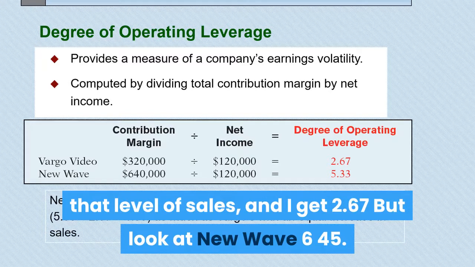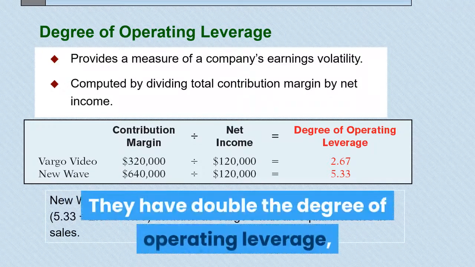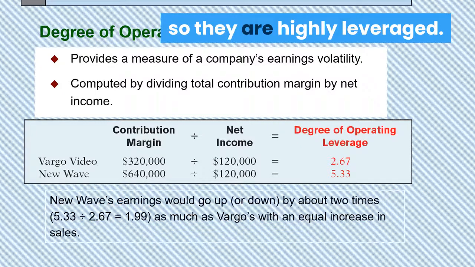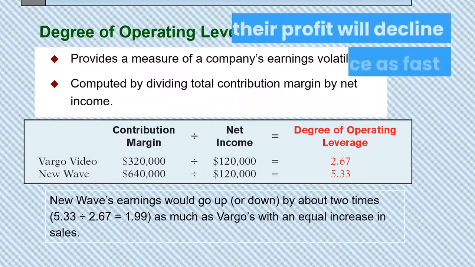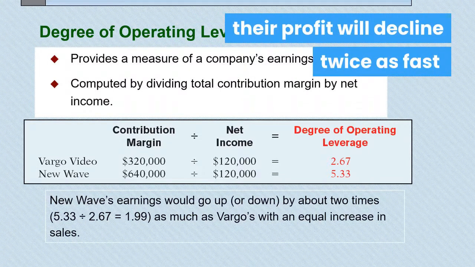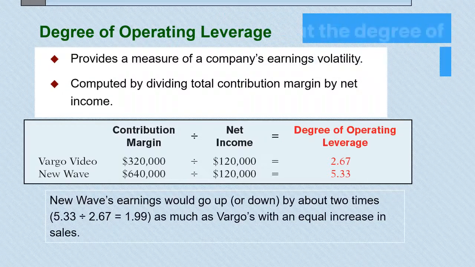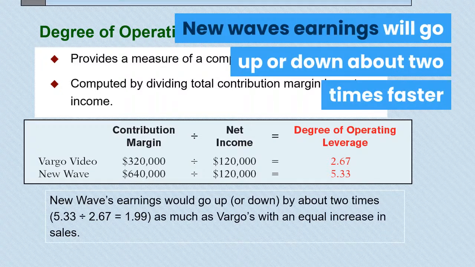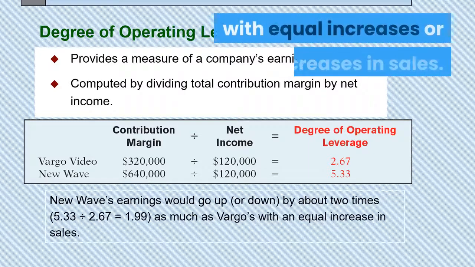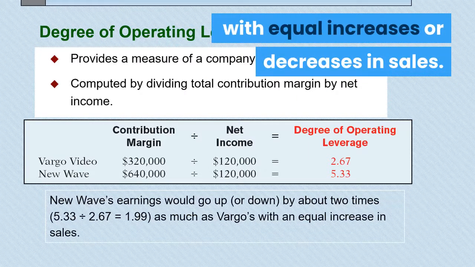In this case, Vargo, 320,000 is the contribution margin, the net income 120 at that level of sales, and I get 2.67. But look at NewWave, 640 divided by 120, they have double the degree of operating leverage. So they are highly leveraged. And if sales go up, their profit will go up twice as fast as Vargo. If sales go down, their profit will decline twice as fast as Vargo. That's what the degree of operating leverage means.